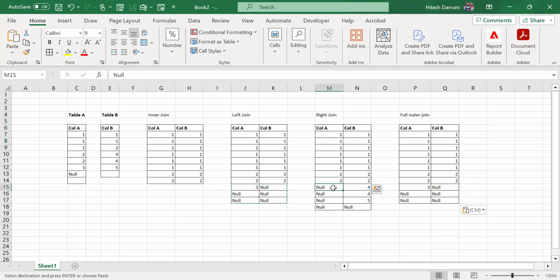This is the only thing which is not there in this result set, so this will be the additional records which will be part of full outer join. So this will be your complete result set of full outer join, which contains inner join, left join, and right join. I hope from now onwards you won't get confused with the working of joins.